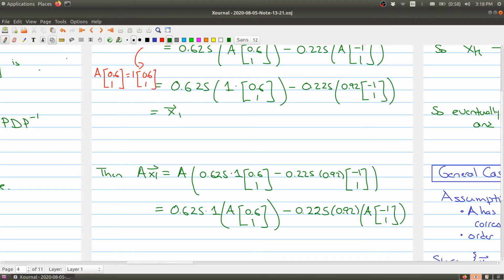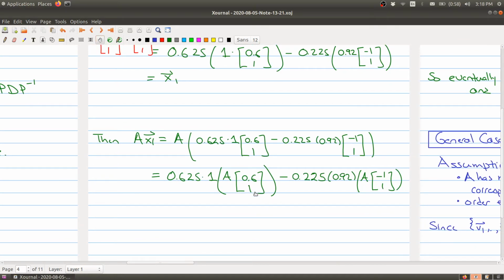Using the same argument as before, these are eigenvectors of the matrix A, so I can replace this with 0.625 times 1 squared times (0.6, 1) minus 0.25.